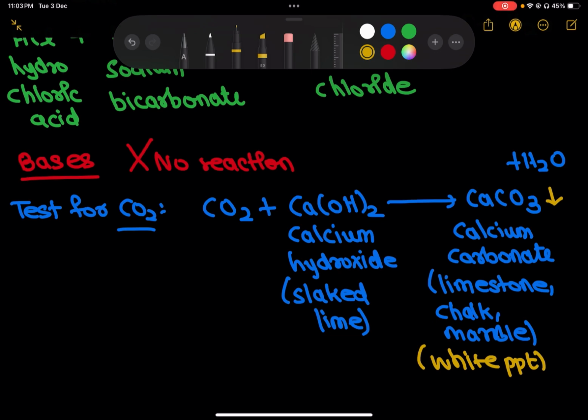But now there is a condition: if you pass CO2 through Ca(OH)2 for a short time, then CaCO3 is formed.